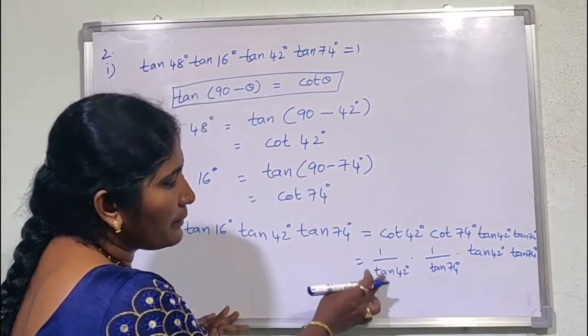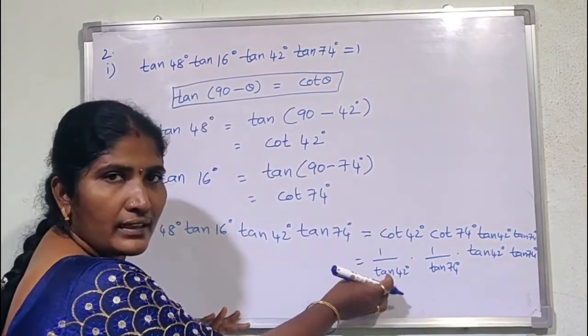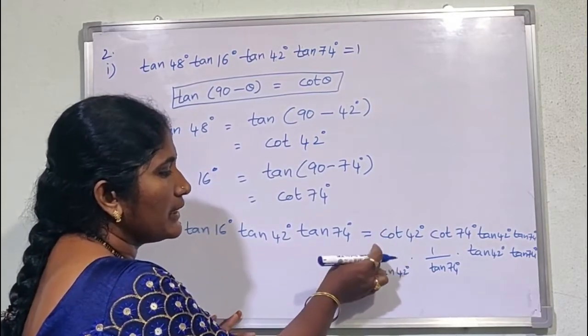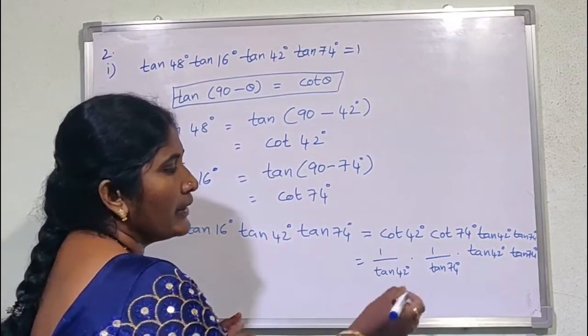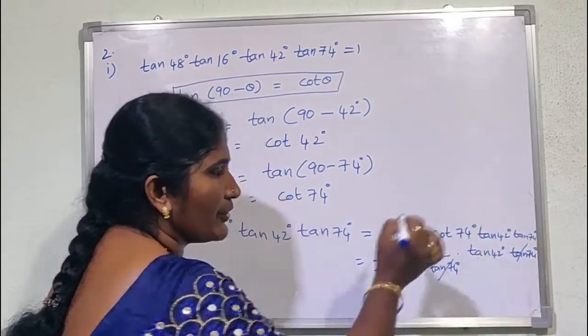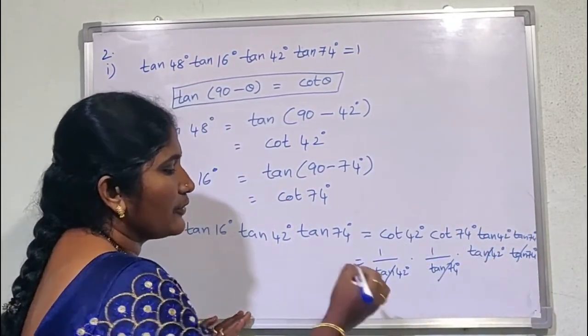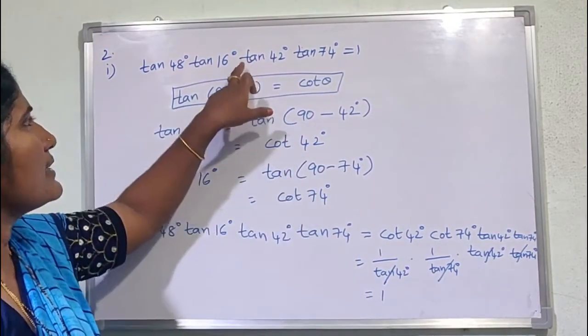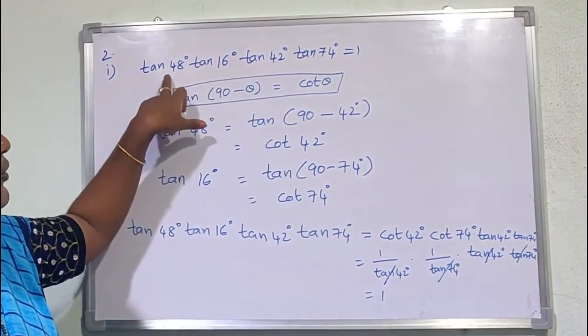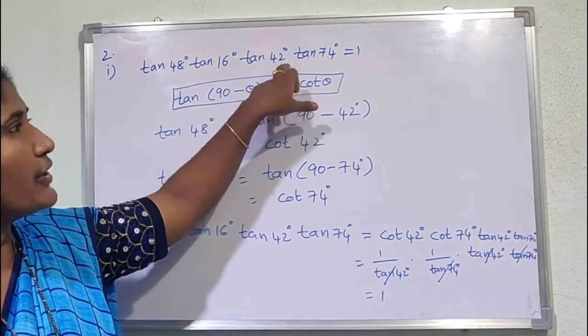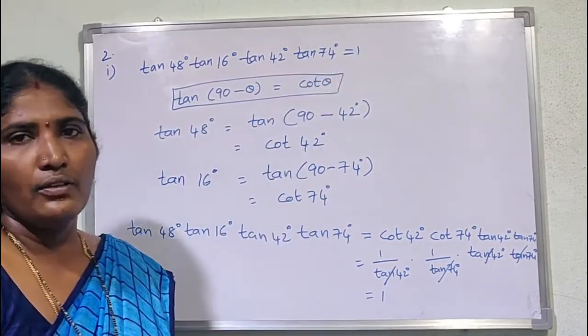Why we wrote here 1 by tan? Because cot and tan are reciprocals. Cot can be written as 1 by tan theta. Now tan 74 gets cancelled. Tan 42 gets cancelled, which is equal to 1. Yes, the given statement is correct. Tan 48 into tan 16 into tan 42 into tan 74 is equal to 1.